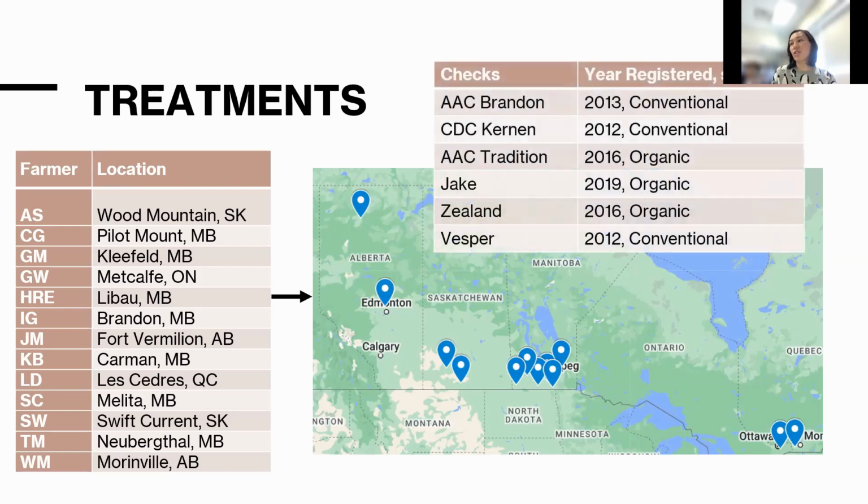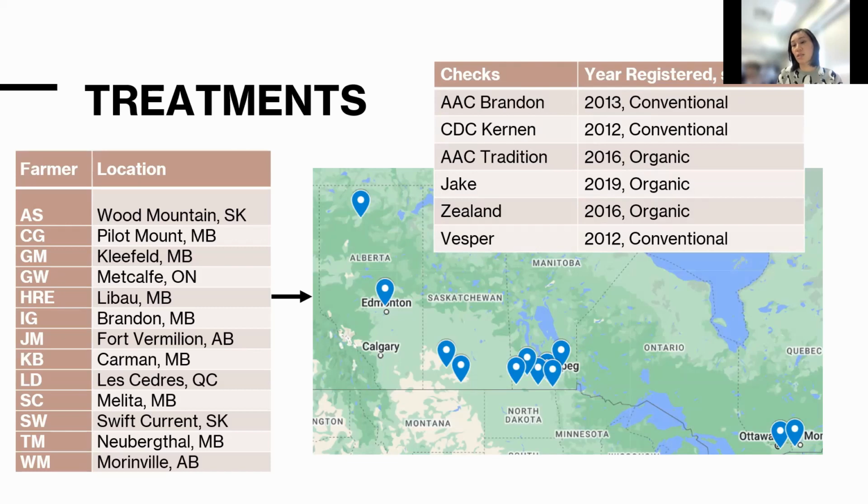And then the checks we decided to incorporate into the experiment were AAC Brandon, which at the time, and maybe currently, organic farmers were growing quite a bit in Manitoba, at least. It was the leading cultivar being grown. CDC Kernan, we had tested in our past experiments and it performed very well.